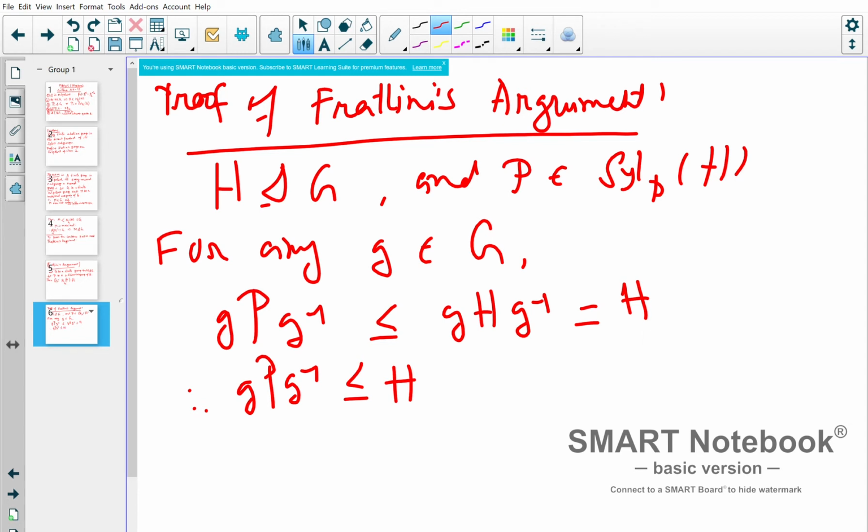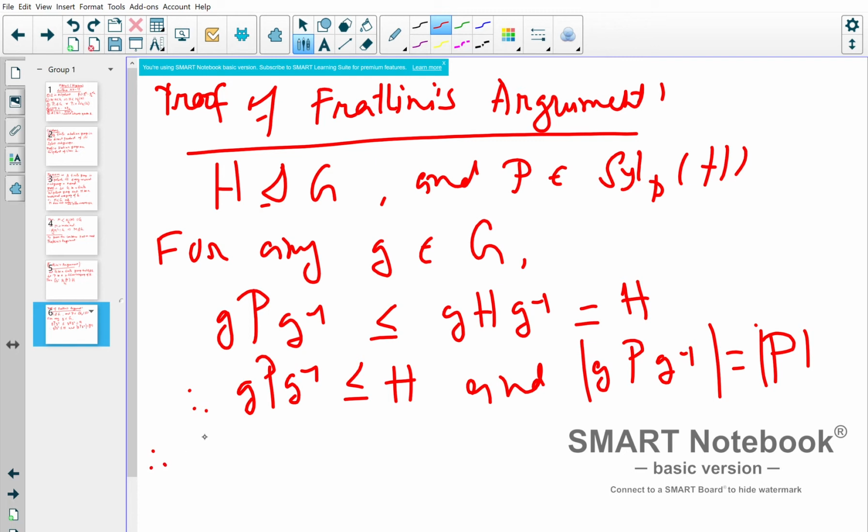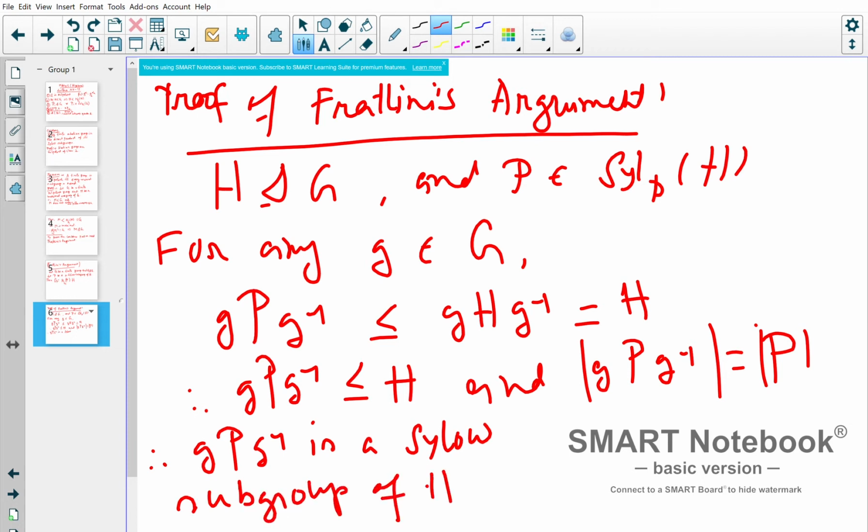And the order of gPg inverse is also the same as the order of P. So that means gPg inverse is a Sylow subgroup of H, right?